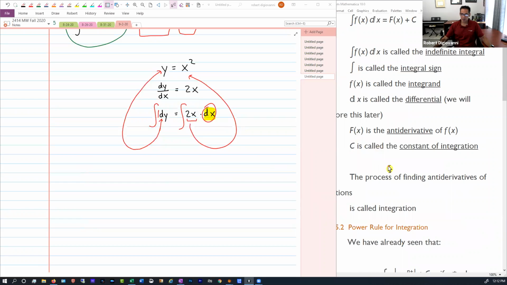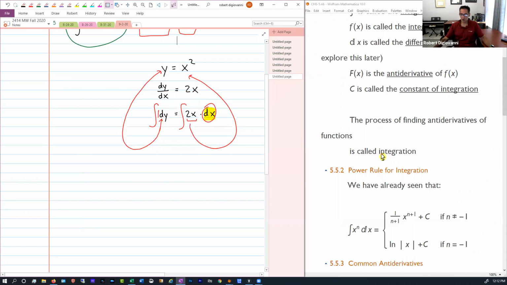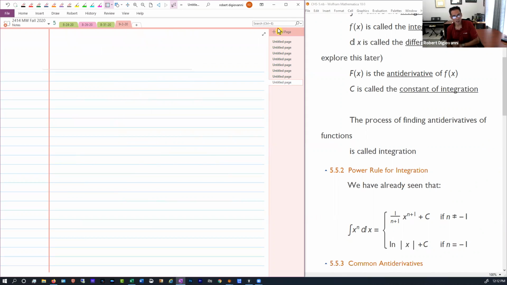The process of finding antiderivatives is called integration. So just like the process of taking derivatives is called differentiation, the process of finding antiderivatives is called integration. So a lot of times when you talk about Cal 1, Cal 2, Cal 3, Cal 1 is called differential calculus, which means you're doing derivatives.